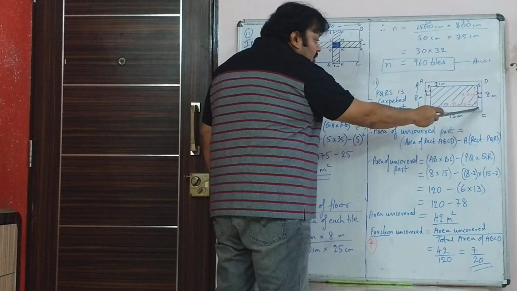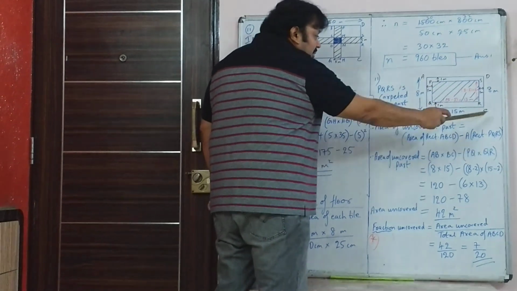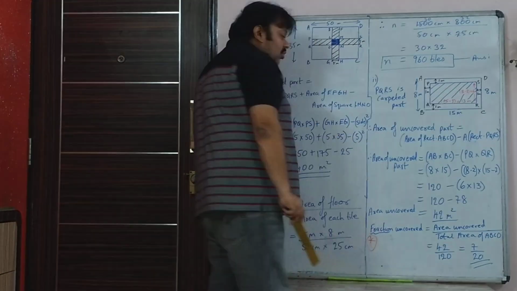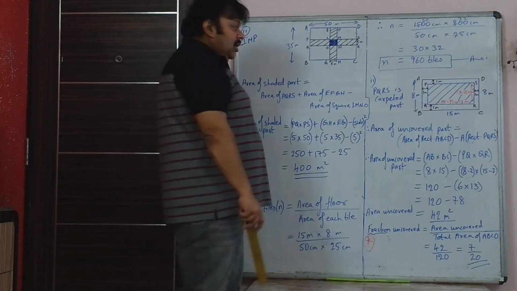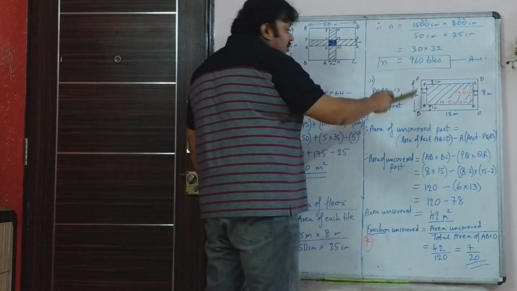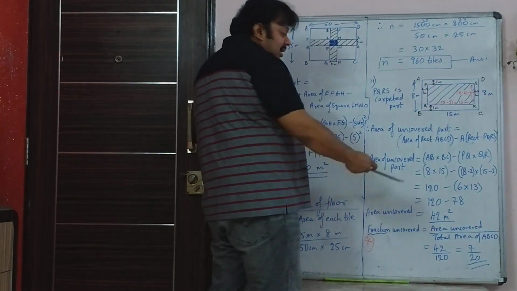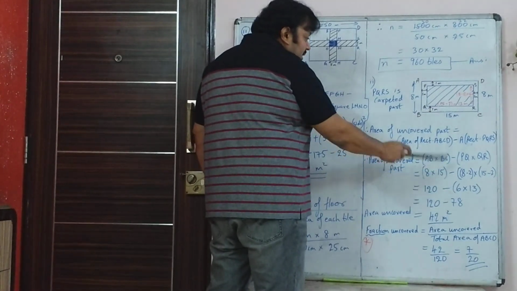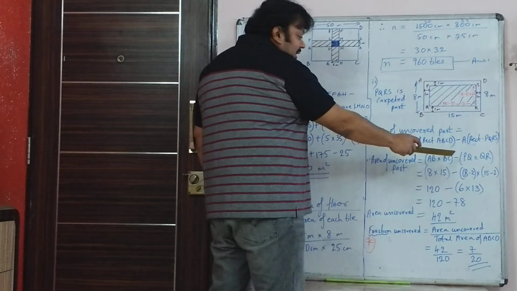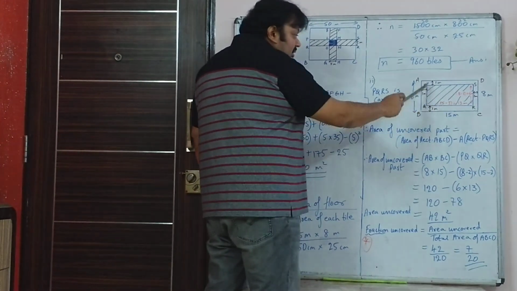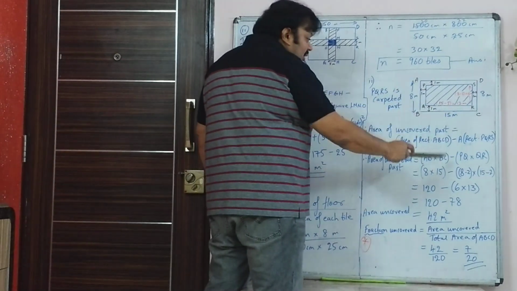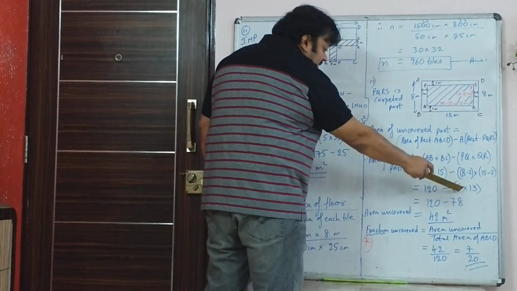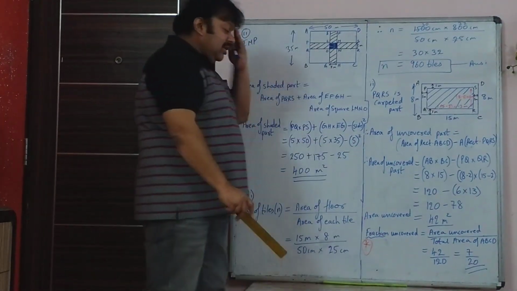So therefore QR and PS will be 15 minus 2, so 13. So basically the outer region, that is the full rectangle, is AB into BC, 8 into 15. Whereas area of the inner part will be 6 into 13. So it is 6 into 13, that is 78.